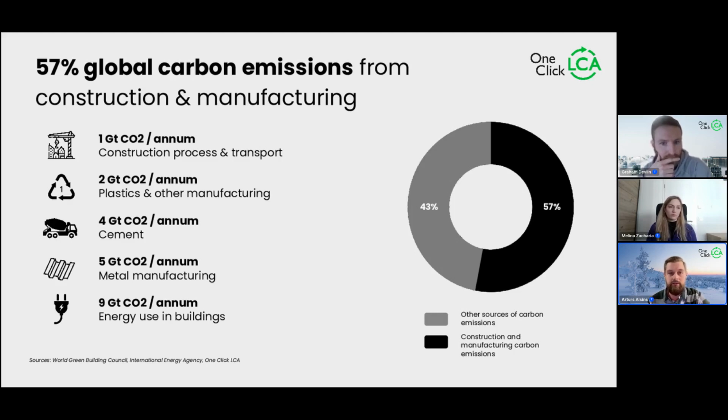Then plastics and other manufacturing, 2 gigatons. Cement 4, metal manufacturing 5, and then finally the energy use in buildings account for the largest part, which is 9 gigatons of CO2 per year. So this is just to understand better the scale of the problem that we're facing, and EPDs being a part of the solution to our emissions problem.